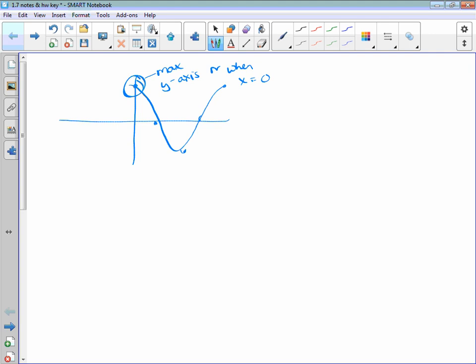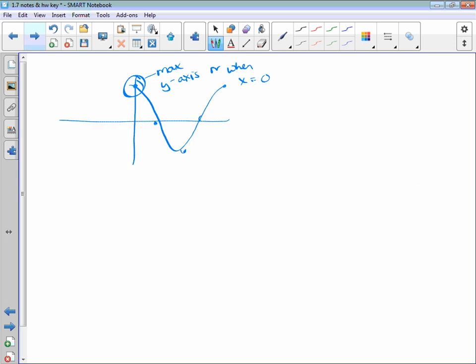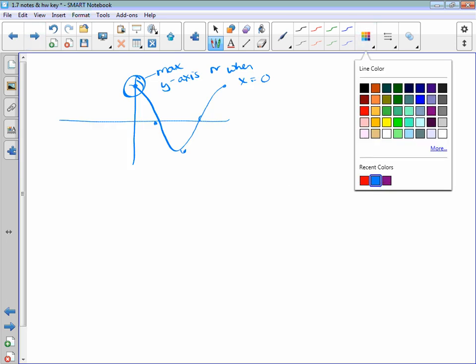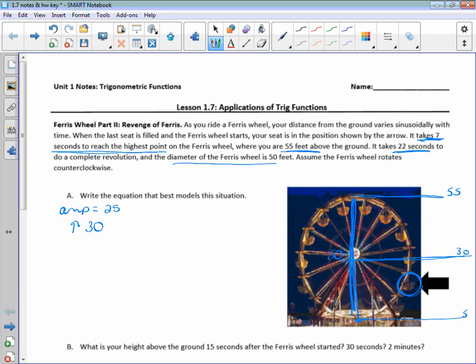So if we go back here, it tells us it takes 7 seconds to reach the highest point. So that means instead of happening here, it has gone 1, 2, 3, 4, 5, 6, 7, and now it's at the maximum. So you see how your graph is just shifted to the right 7? So we can do that on our equation here. So we know we're going right 7.